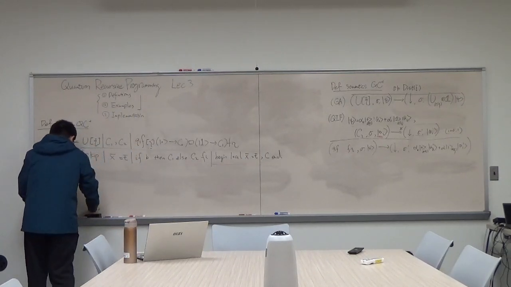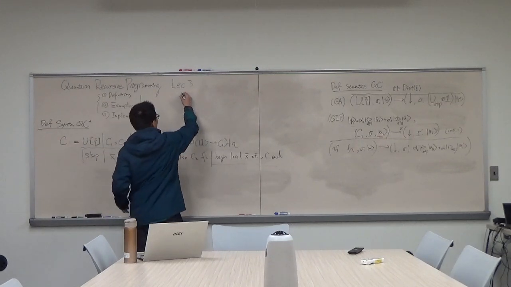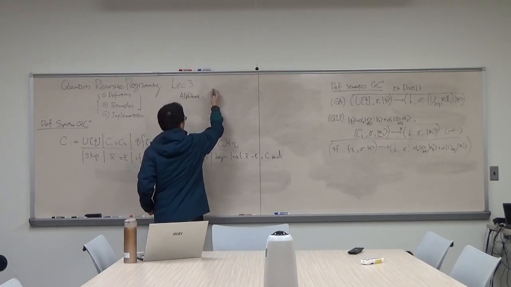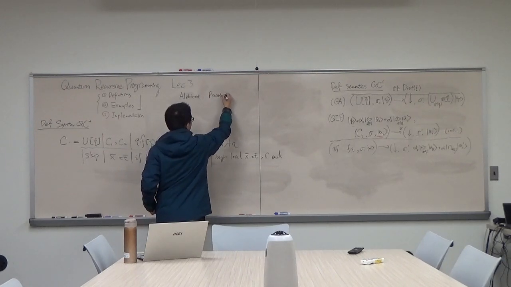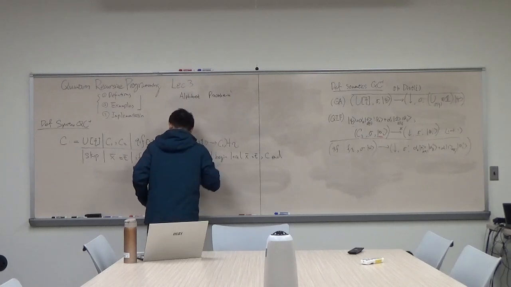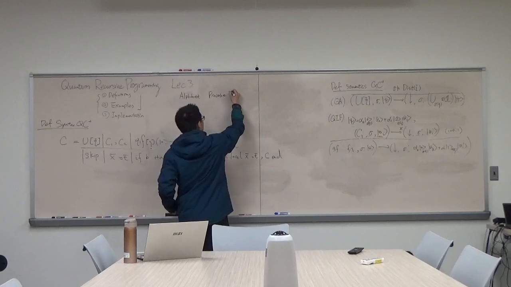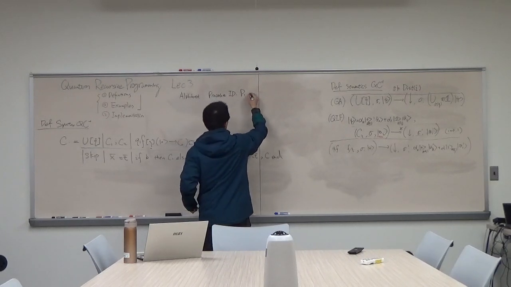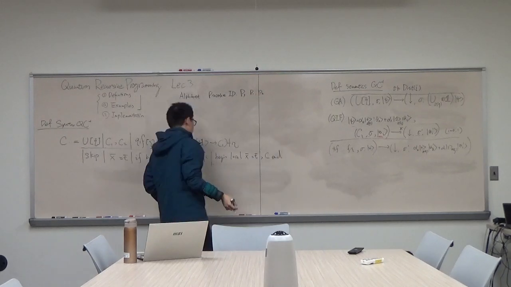What we are going to add is, in our alphabet, a set of procedure identifiers. You can roughly think of it as the names of procedures, and we will use symbols like P, P1, P2 to represent procedure identifiers.